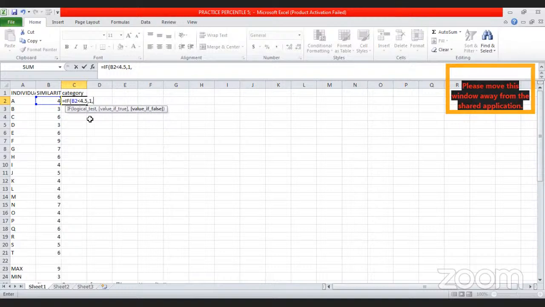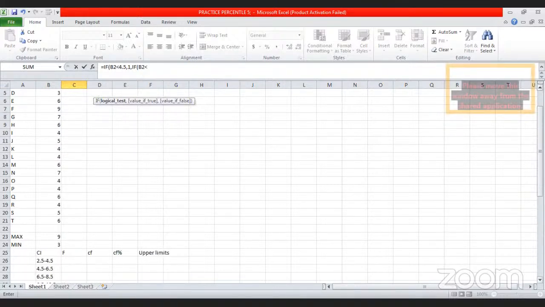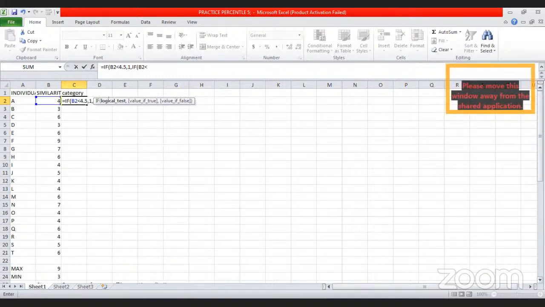Again, I will put IF B2 less than, what is our next upper limit? That is 6.5. So B2 less than 6.5, comma 2.